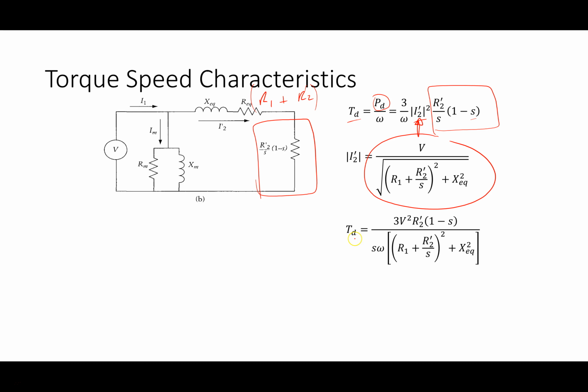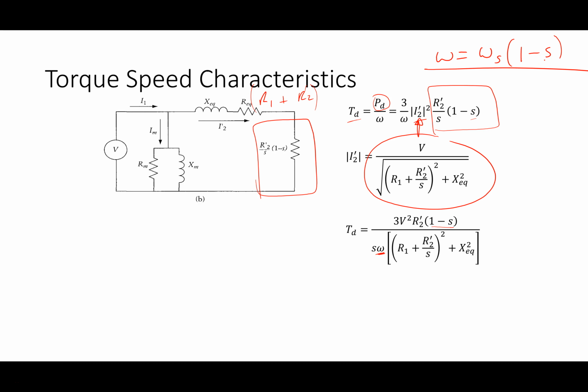So in this equation, I have my developed torque, my slip, all these parameters are fixed, V, R, and X. The things that vary would be omega and the slip. Now, this omega here is the mechanical speed, but I could use the relationship that I know, which is omega is equal to omega S multiplied by 1 minus S, to represent this speed in terms of a constant value, which is the synchronous speed, and the slip.